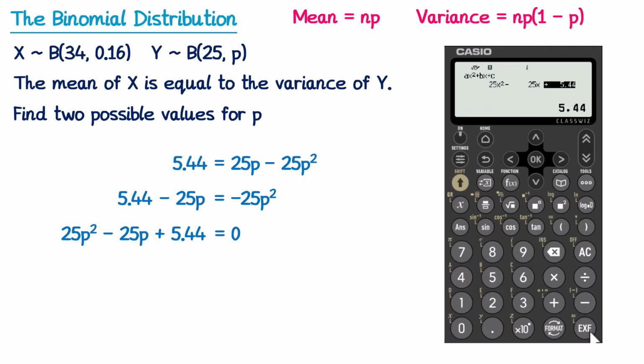If we then execute this, you'll see we get 2 solutions, 17 over 25, which if we format to a decimal is 0.68. And then if we execute again, we get the second value, which is 8 over 25, which is 0.32. So our answers for p are 0.68 or 0.32.